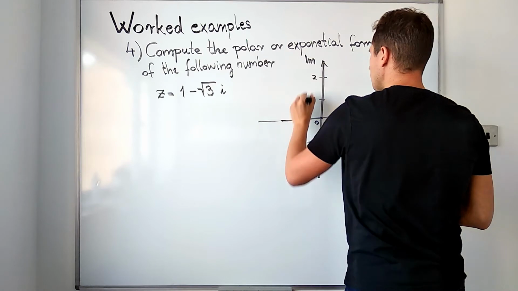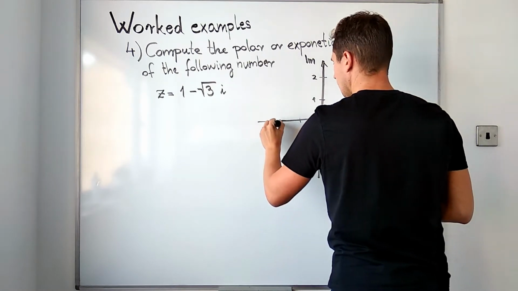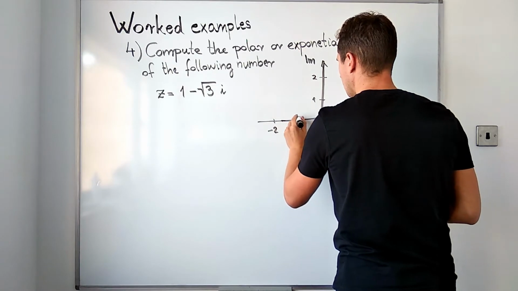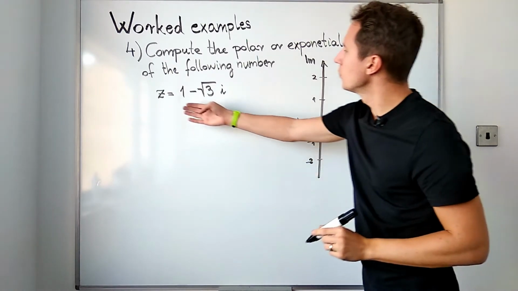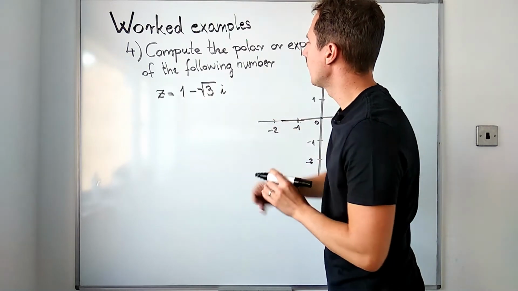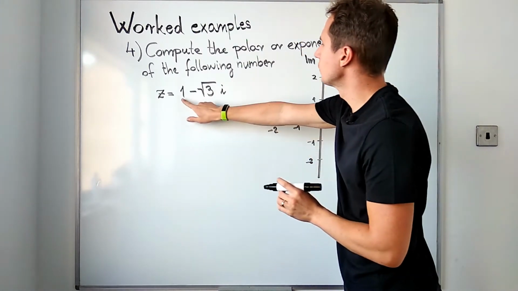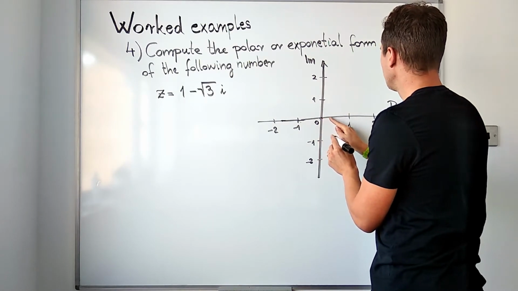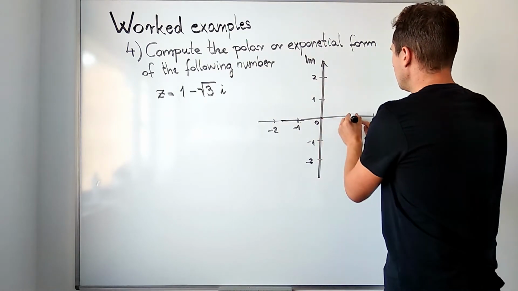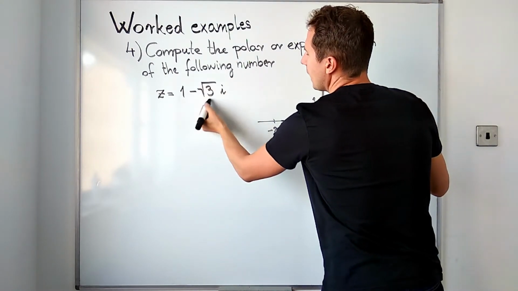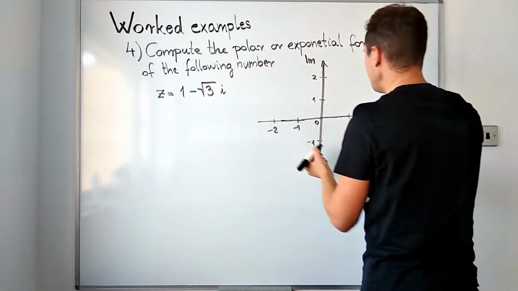So if you sketch this out, you could locate roughly where this point might be in the plane. It has a real part 1, so we walk along the real line in the positive direction to 1, and then we have the imaginary part that is negative square root of 3.